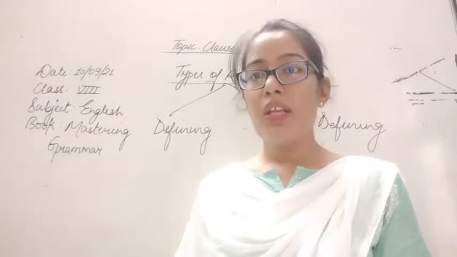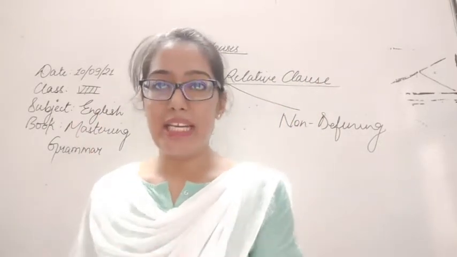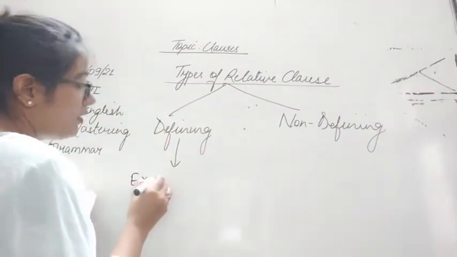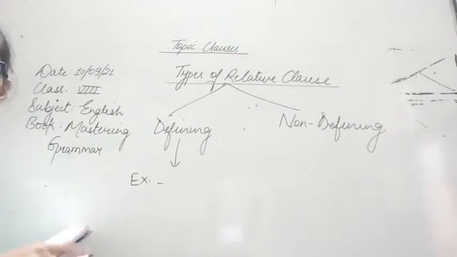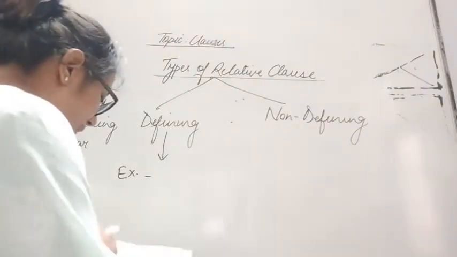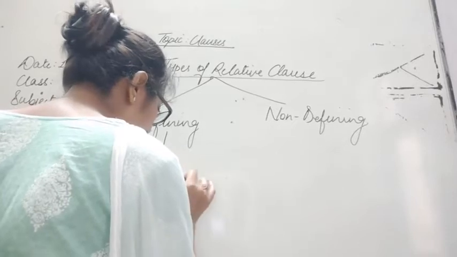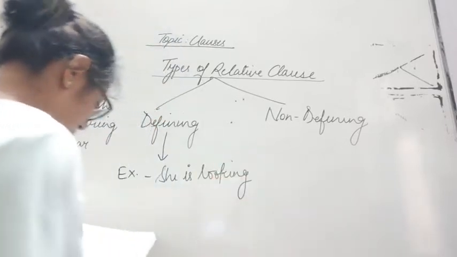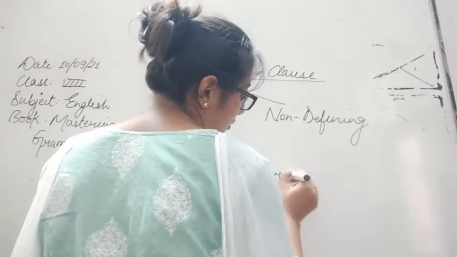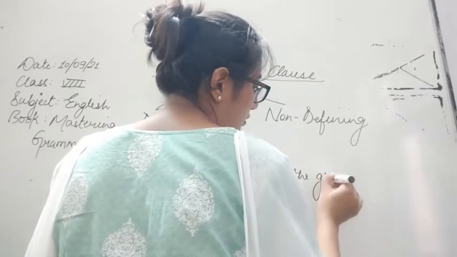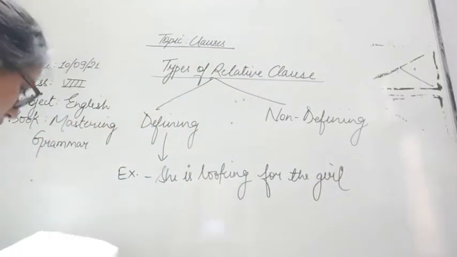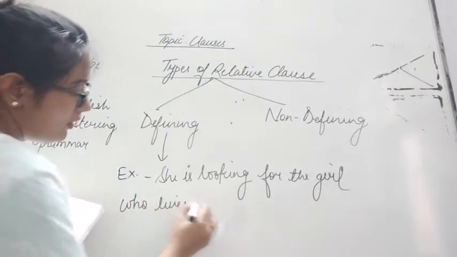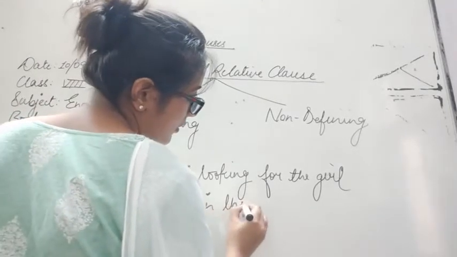Okay. So in the first sentence, defining, one example. The example was, she is looking for the girl who lives in the new house.